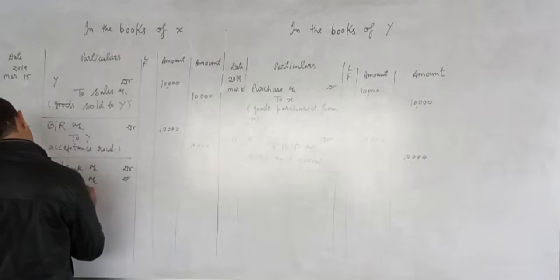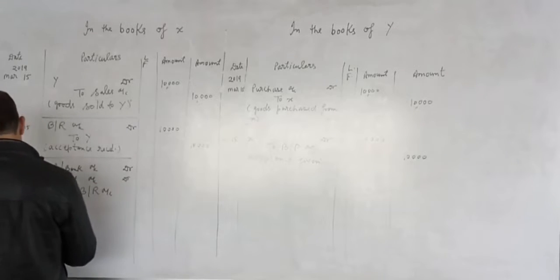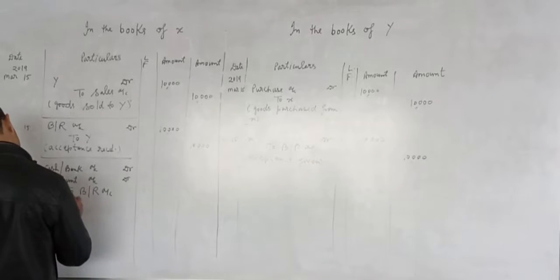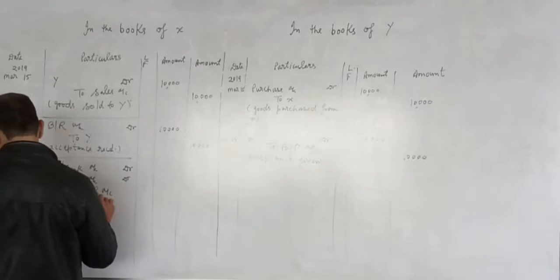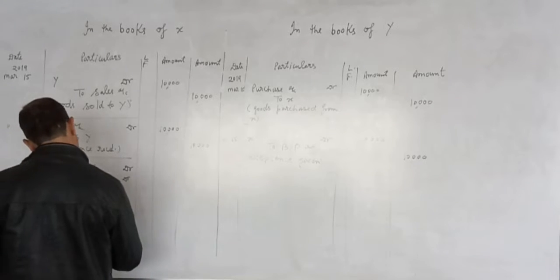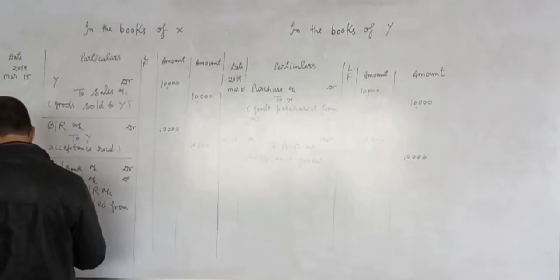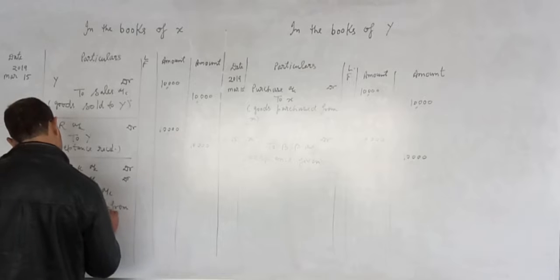To BR account, and we will write here bill discounted from bank at the rate of 18% per annum.